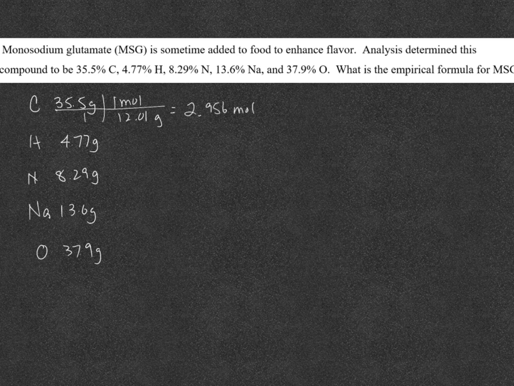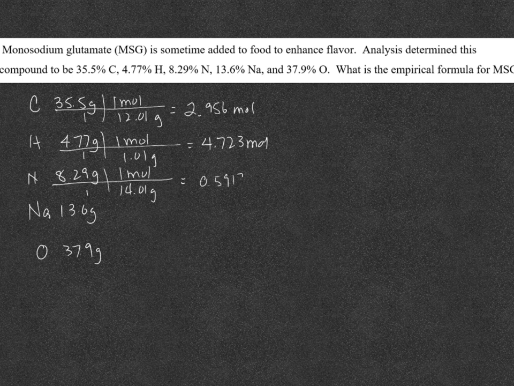2.956 moles carbon. Hydrogen, 1 mole, 1.01 grams, 4.2723 moles. Nitrogen, 1 mole, 14.01 grams. And I get 0.5917.